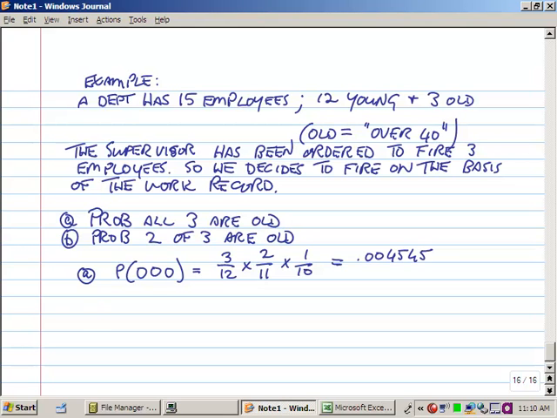Alright, next one, probability 2 of the 3 are old. Order is not specified here, so we have to worry about the orders. But the way around that is to use the number of ways times the probability of one way.